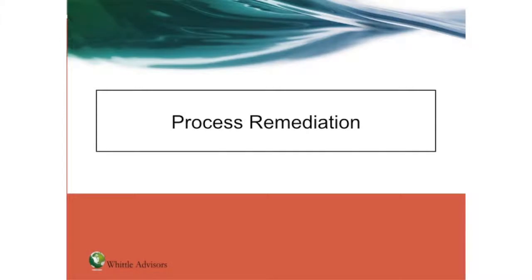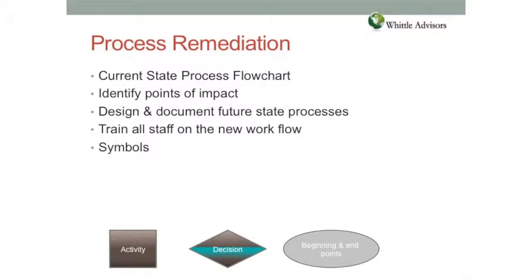Let's talk about process remediation. Last time we talked about what the circles, squares, diamonds, arrows meant. I encouraged you to take a look at specific processes within your organization. Here are our squares, our diamonds, and our circles. The circle I've added, I think I mentioned it last time.